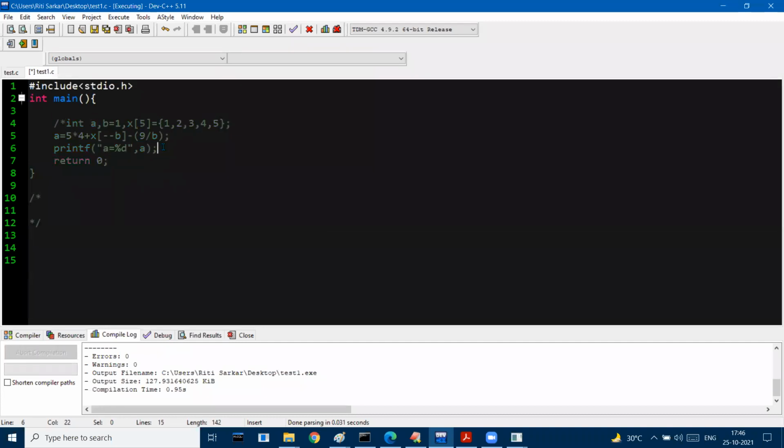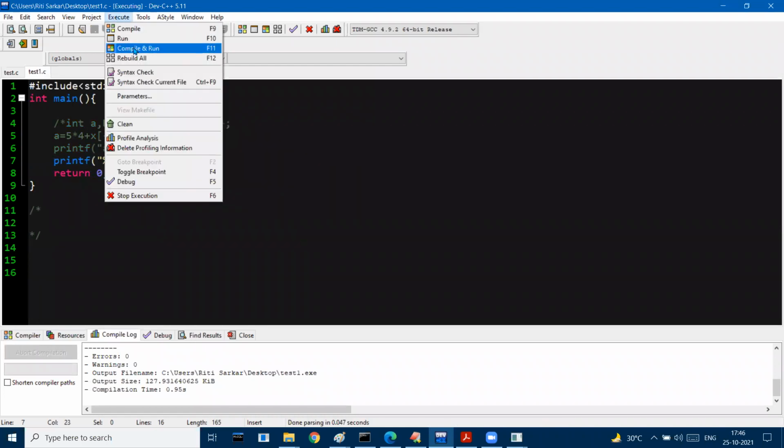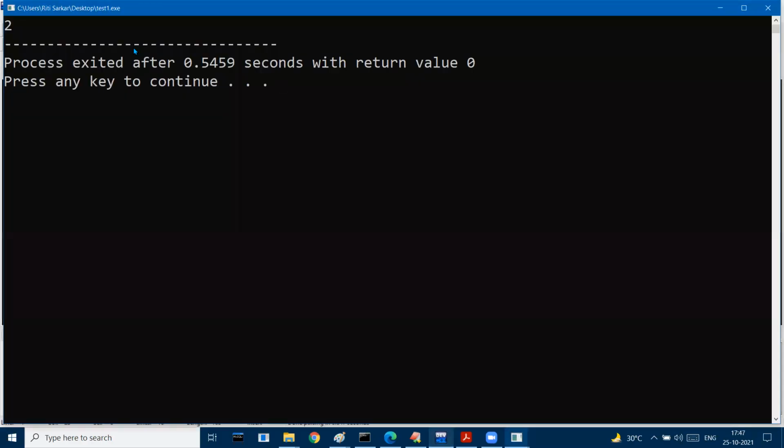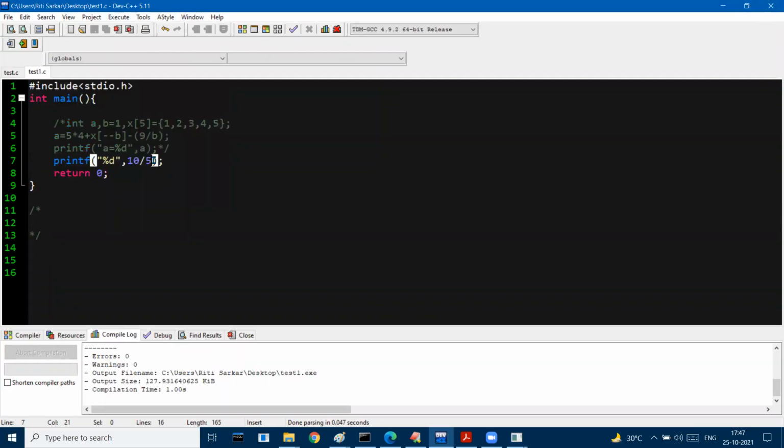Suppose, for example, you write printf %d with 10 by 5. Not a problem, sir, it will definitely give me 2. But if I divide the number by 0, what will happen?